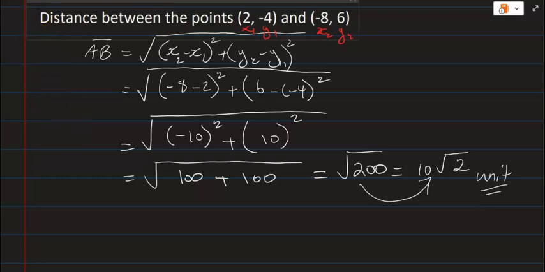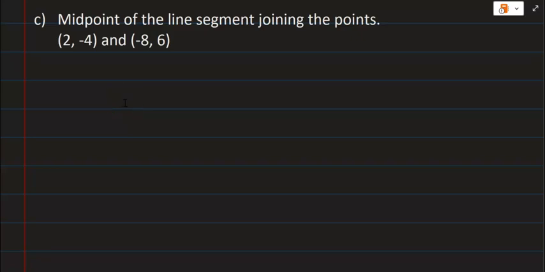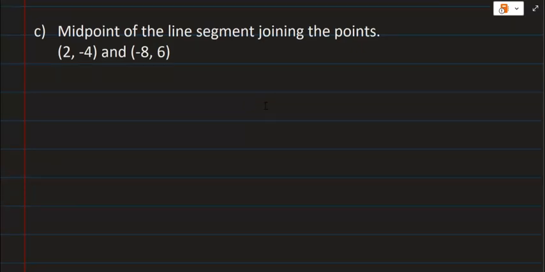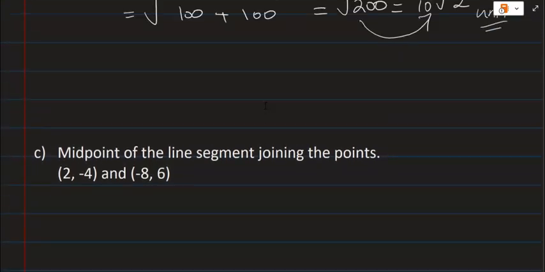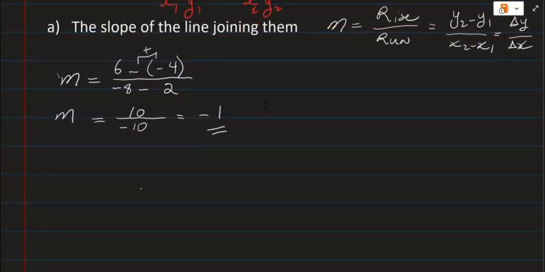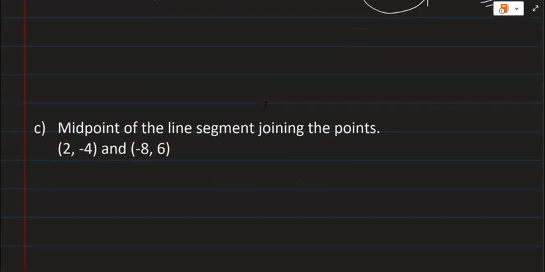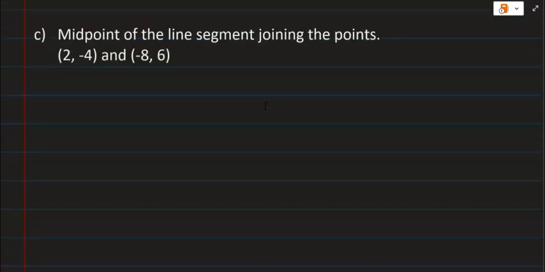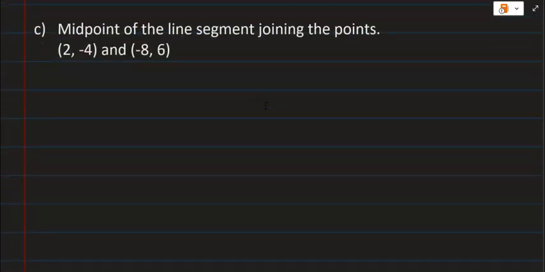Right. And the last question is the midpoint of that line segment that we just found. We found the length of it, we found the slope of it, which is up here, slope -1. Now we want to know the midpoint coordinates of that. The midpoint, remember, is just basically the average.